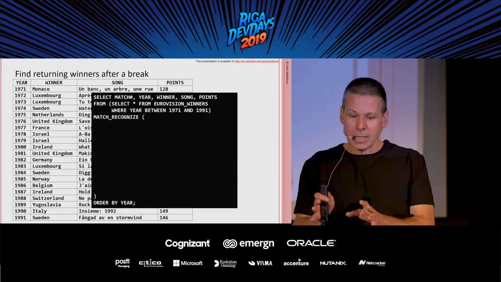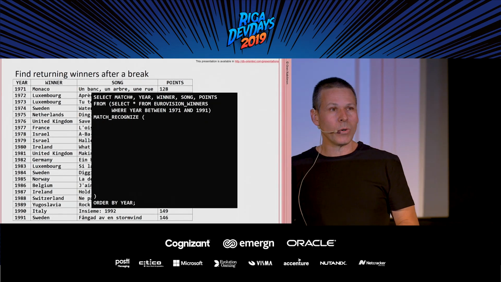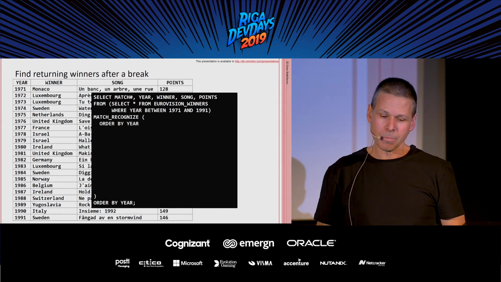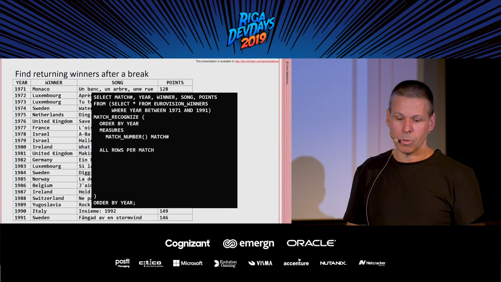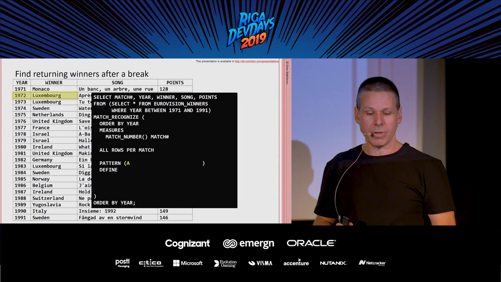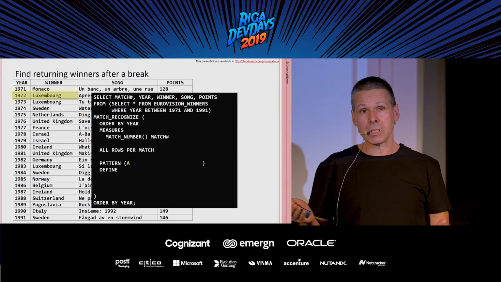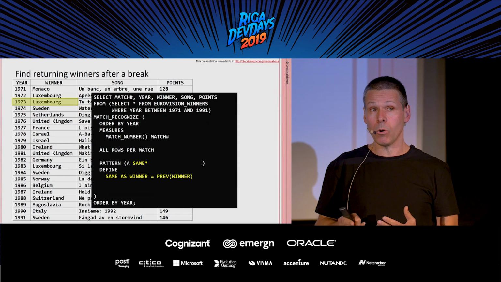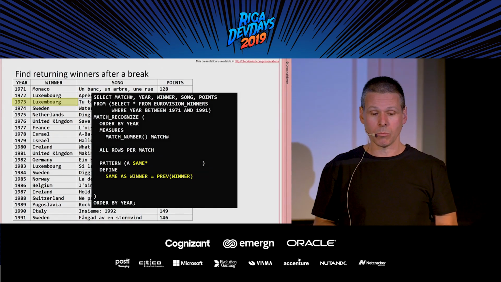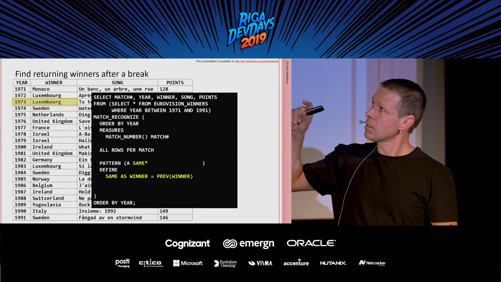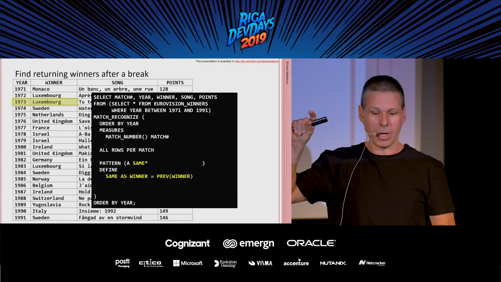I'll use only the years between 71 and 91 just to make the output easier to read. Order by year, we want to see the match number, all rows per match, and we define the pattern. We start with some A record, followed by 0 or more SAME records. This is like before, because I want all the successive wins to be together.